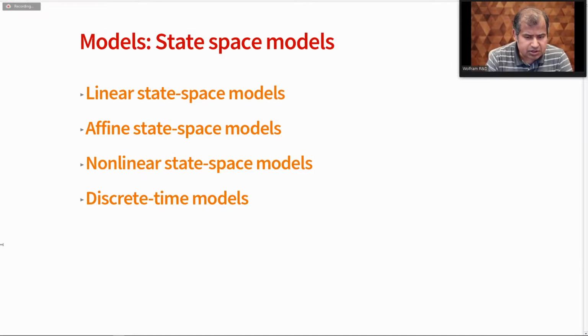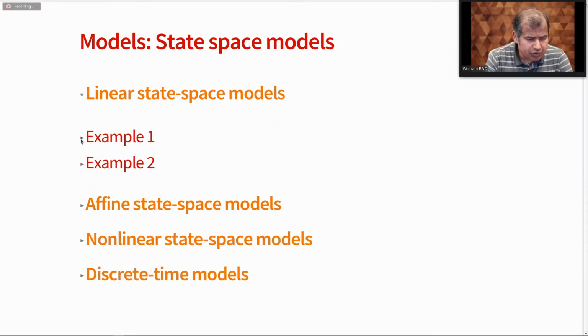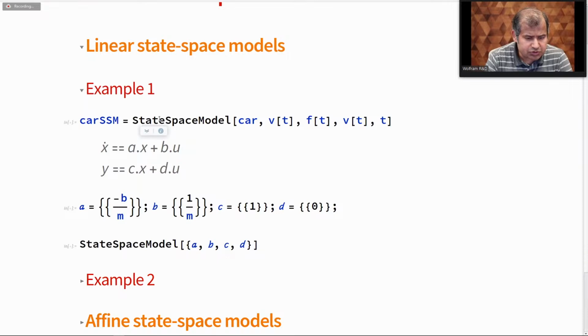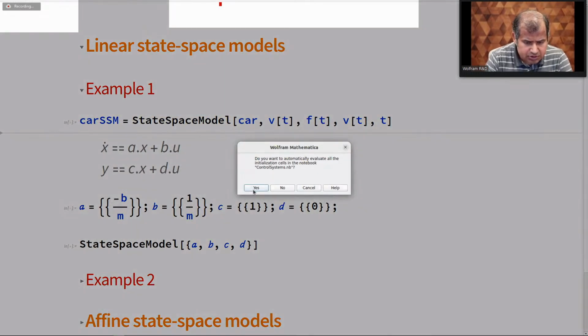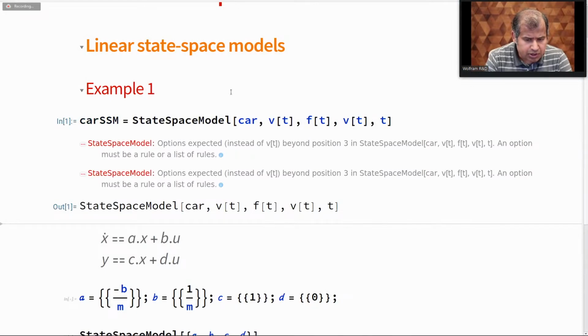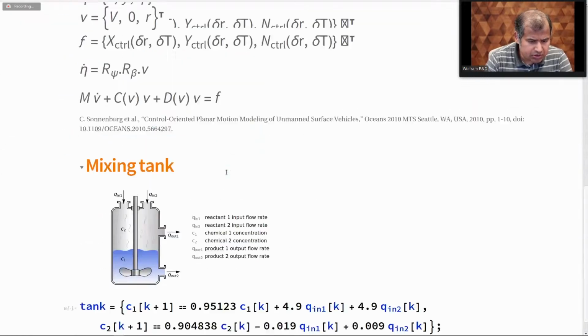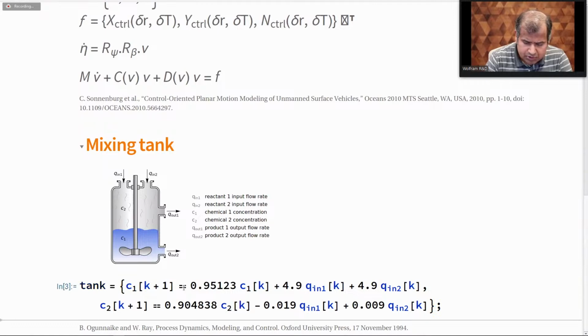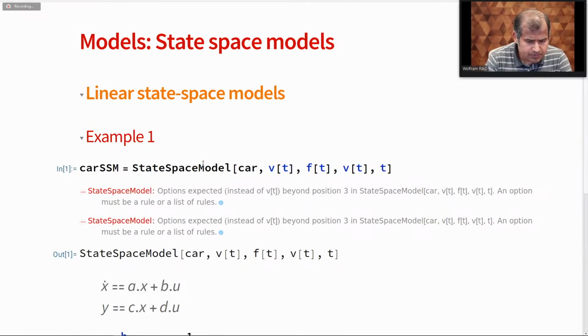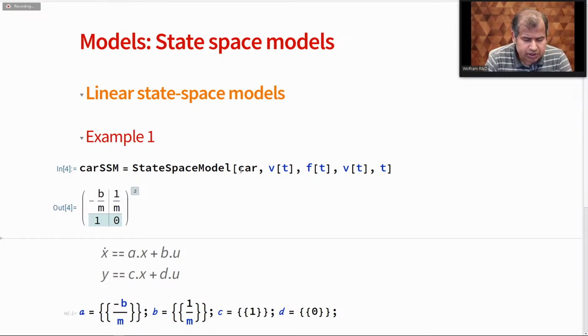The canonical state space representation. So if I take the car model and try to convert it into a state space model, I give the equation, which I have denoted by the variable car, and then what is the input to the model.